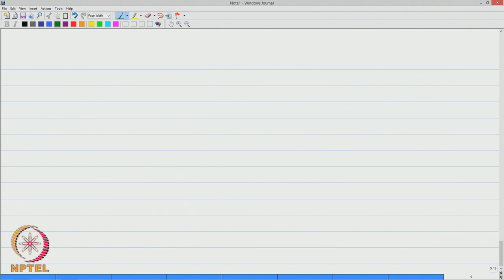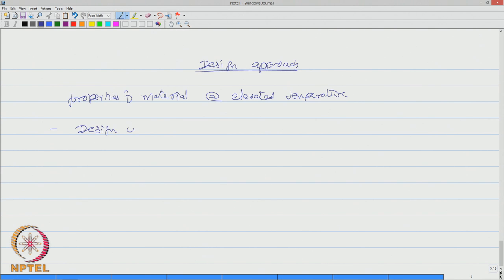When we talk about design approach, we need to essentially understand the properties of material at elevated temperature. So, we need to look at what is called a design curve.